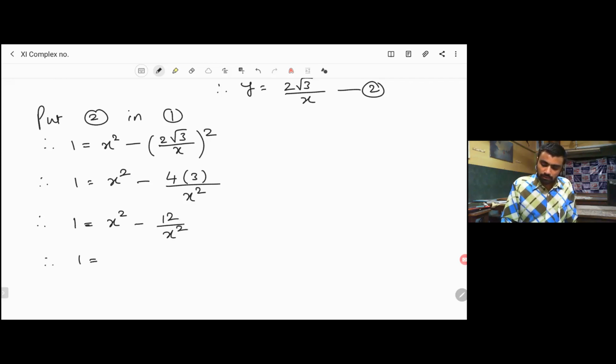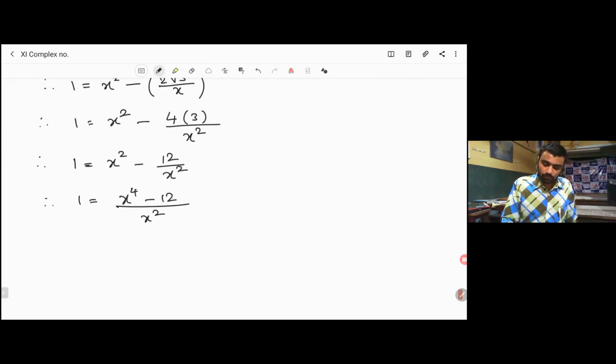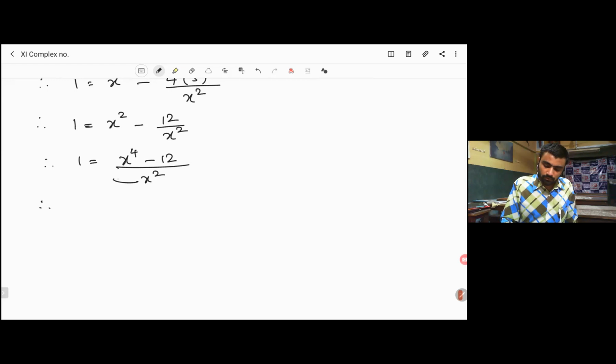Further, cross multiply by x square: x square is equal to x raised to 4 minus 12. Transfer this x square to the left hand side. That becomes x raised to 4 minus x square minus 12 is equal to 0.